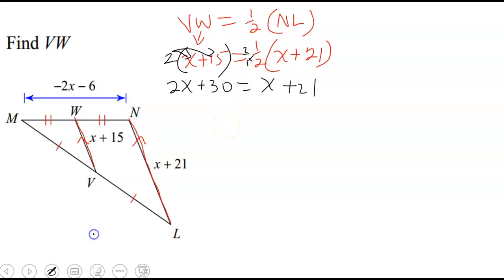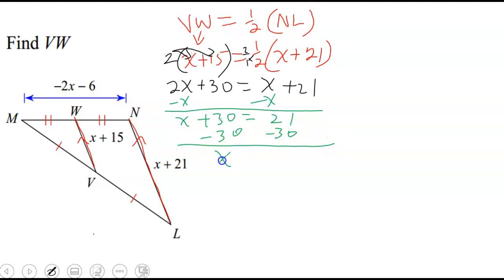So we now finish solving the equation for x. So minus x, that is x plus 30 equals 21. So minus 30, so x equals, alright, 21 minus 30 is -9.